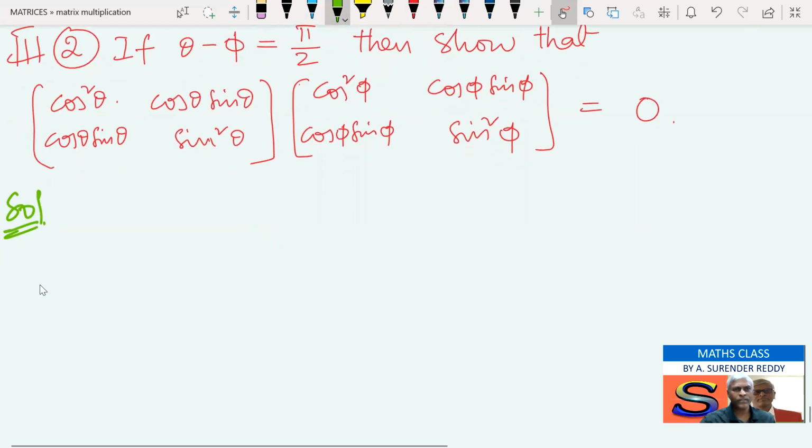We have to prove this one, important problem.